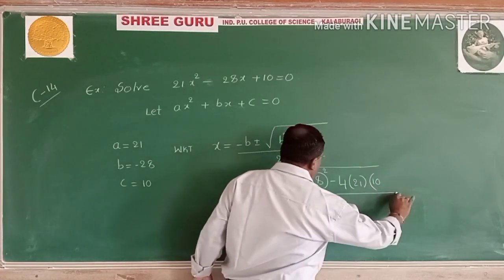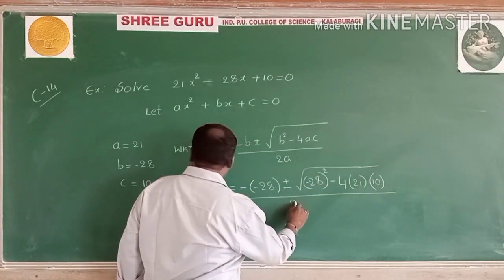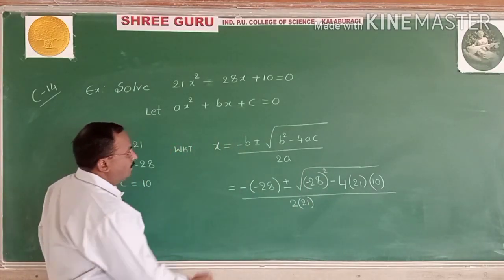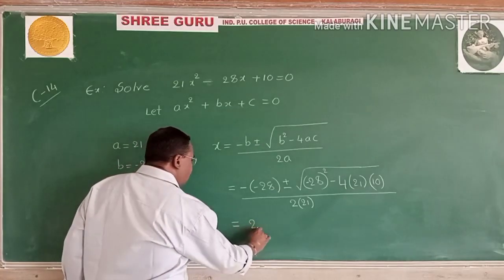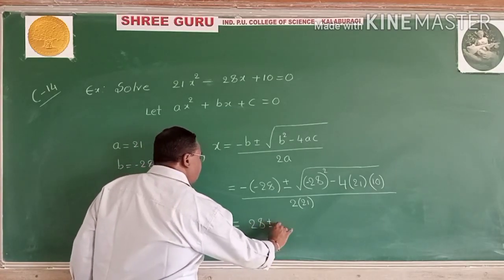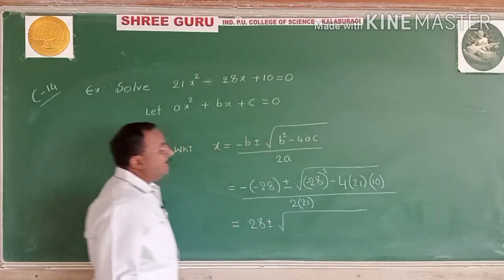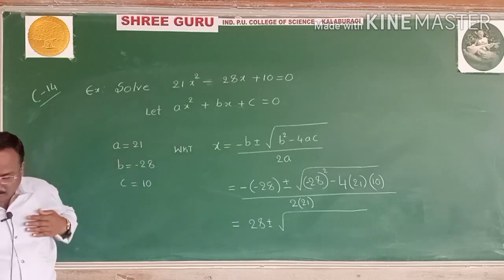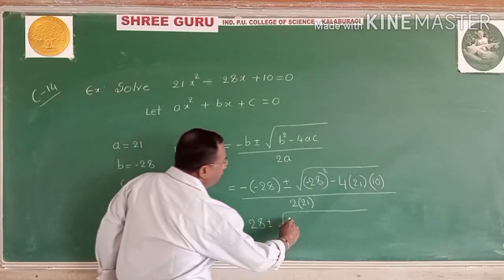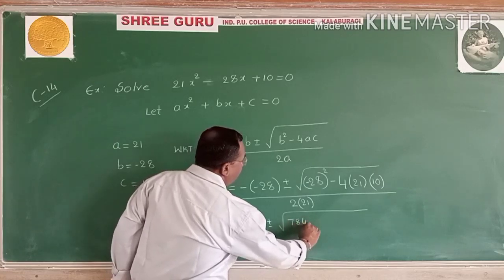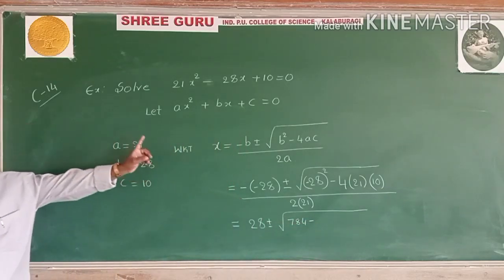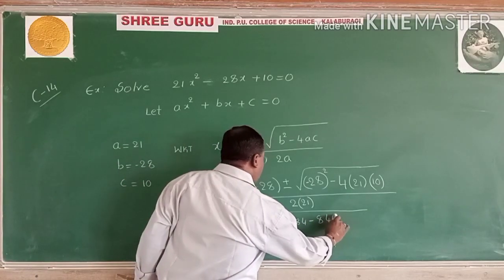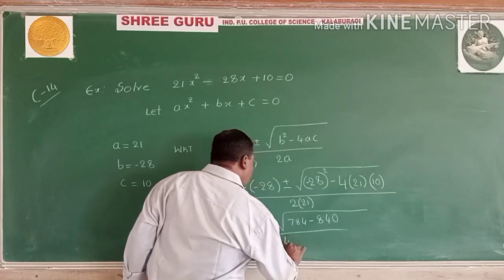Whole divided by 2 into 21, is equal to minus, plus or minus square root of 28. Negative square is always positive. 28 whole square is 784, minus 840, divided by 42.